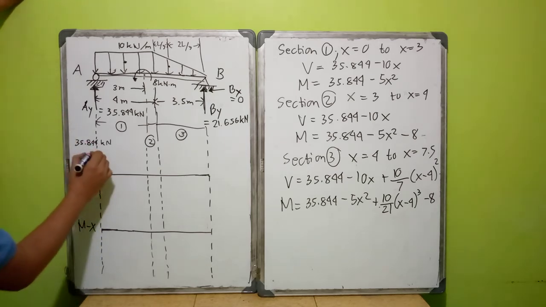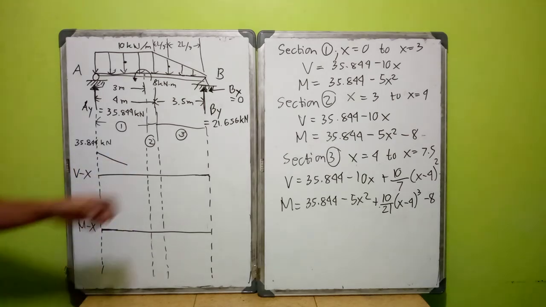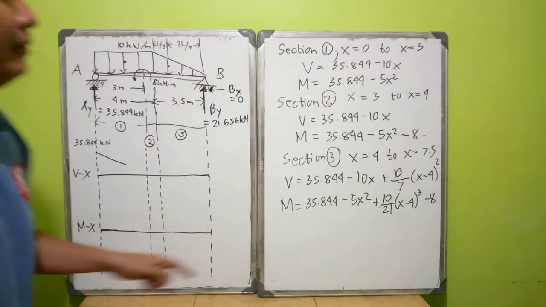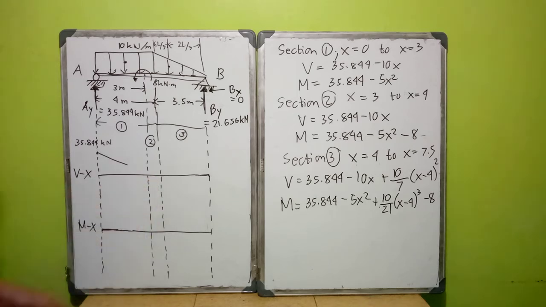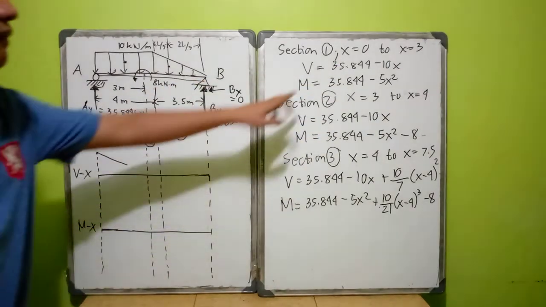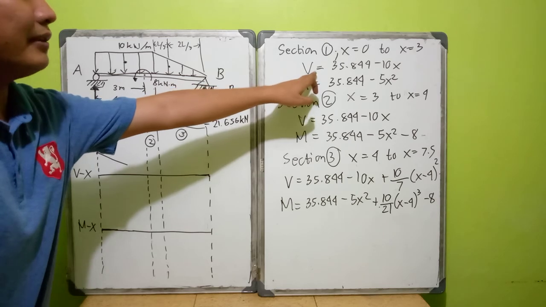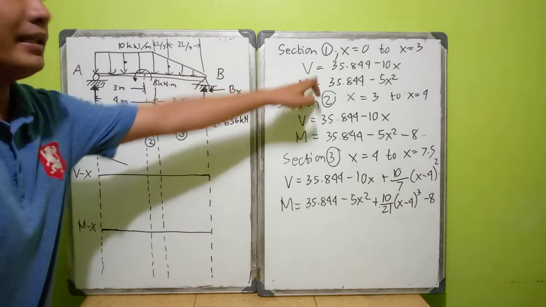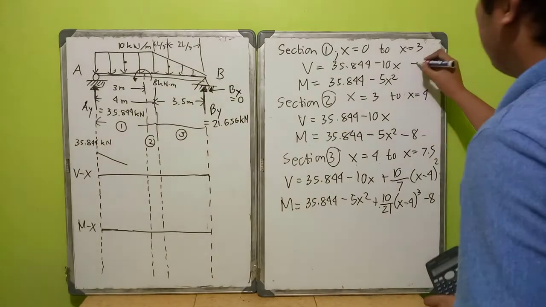But we do not know at what value it will intersect the line in which V is equal to 0. So let us equate this first to 0. What will be the value of x at which shear will momentarily become 0?